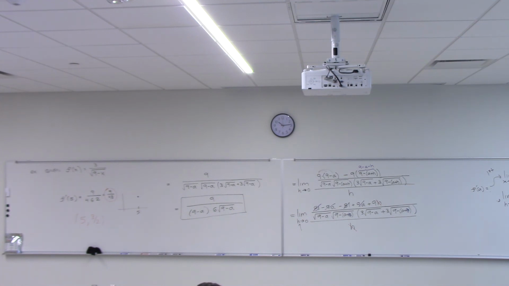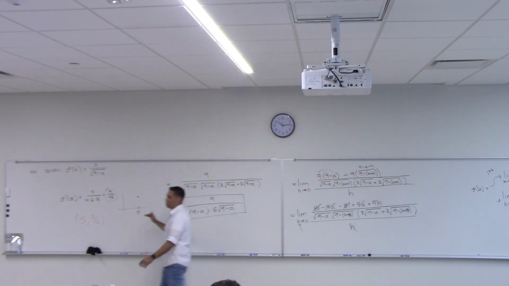And the equation of the tangent line should be y minus 3 halves equals our slope, 9 over 48, times x minus 5. There it is. We have found the equation.